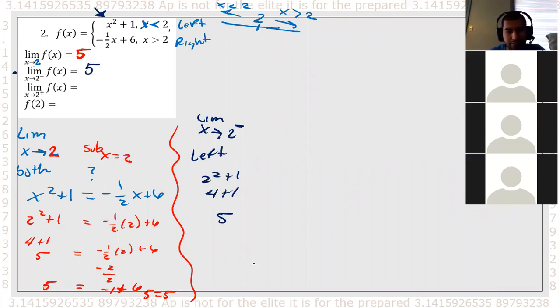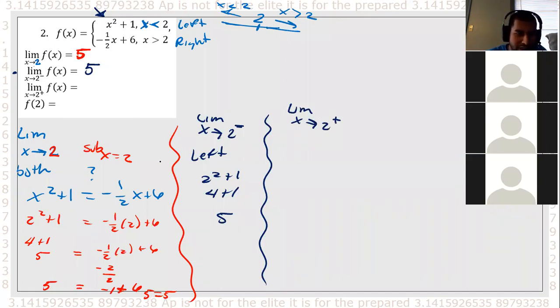Wouldn't they all just be 5? Yep, because we already checked them on the first problem. So the limit as x approaches 2 from the plus sign, the right-hand side, we had already done, and it was also 5.